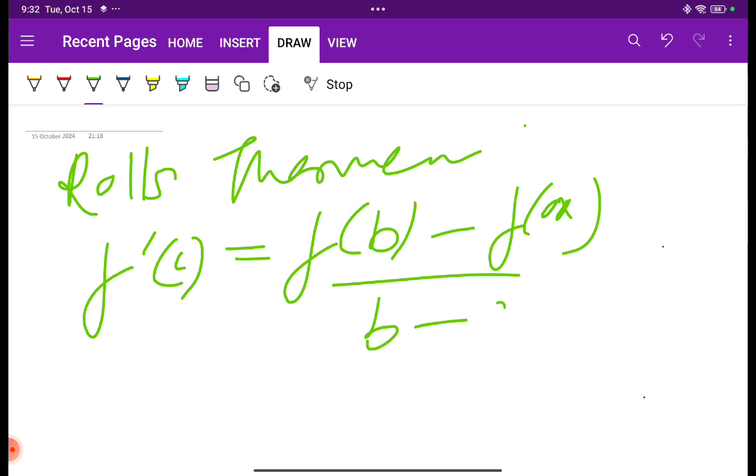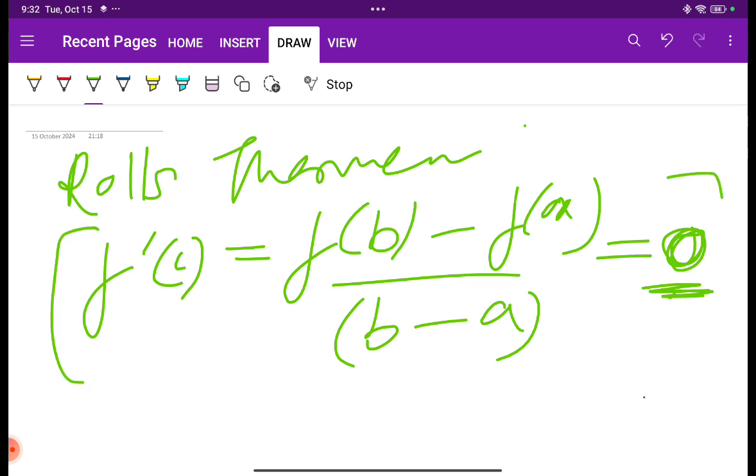But in the case of Rolle's theorem, we say this slope is equal to 0, which implies its slope is 0. This is the case in Rolle's theorem, applying all the conditions of Lagrange's mean value theorem. So Rolle's theorem is a special case of Lagrange's mean value theorem.